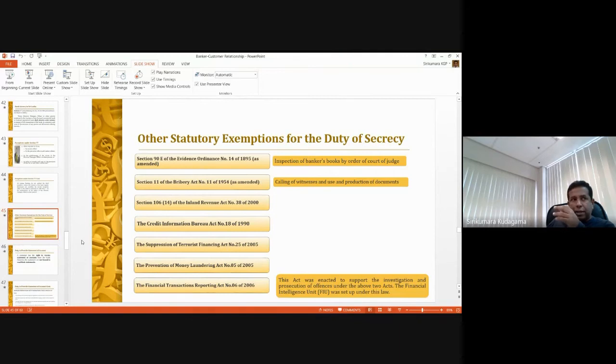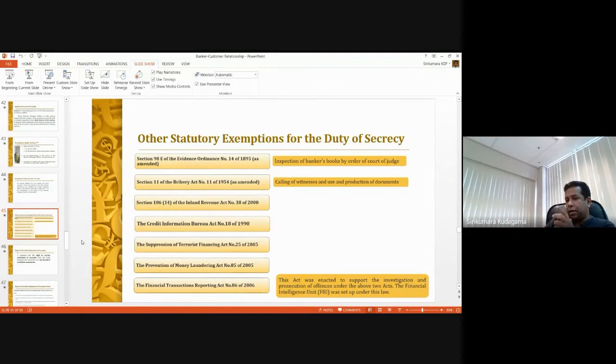But my take is totally different because Tournier's case casts a duty upon the banker not to divulge information. But what if information is divulged despite principles enunciated in Tournier's case? The resultant position would be the banker is guilty of breach of contract and is supposed to pay damages. That's it. Banker will pay damages. That's it.